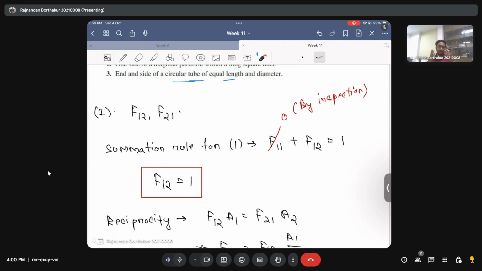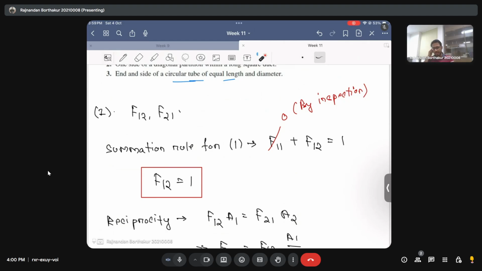Either you can evaluate them by inspection or by making some symmetry arguments, but at least you need to know those view factors a priori in order to completely determine all the view factors.